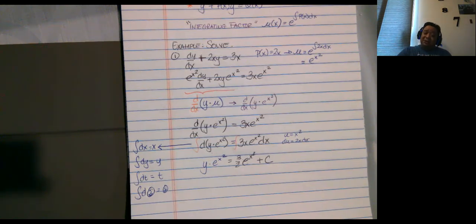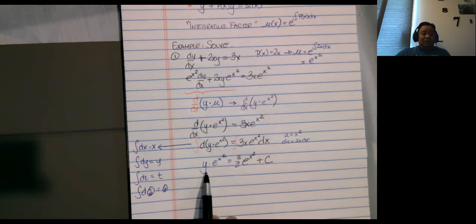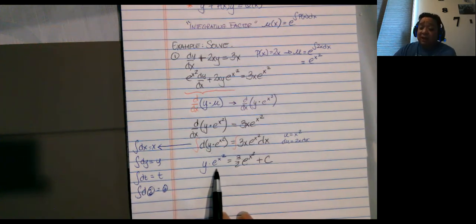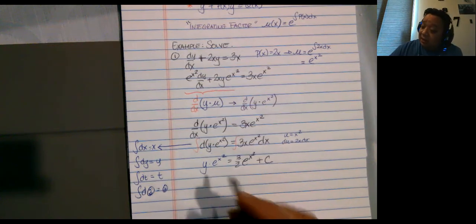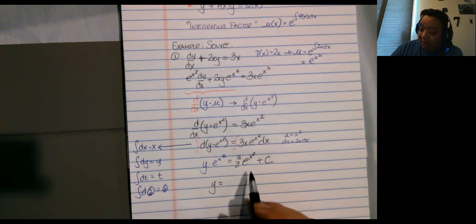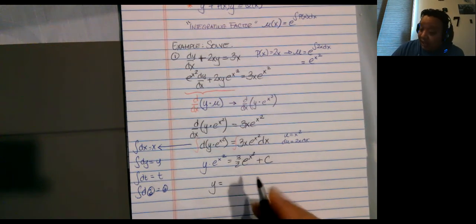Now you're not done because there's only one y, so you try to solve for this one. So you're gonna divide everything by e to the x squared, and I mean everything. And this is where students usually make a mistake when they do this. So they divide by e to the x squared. So the left side would give me y. Here, the e to the x squared would cancel.